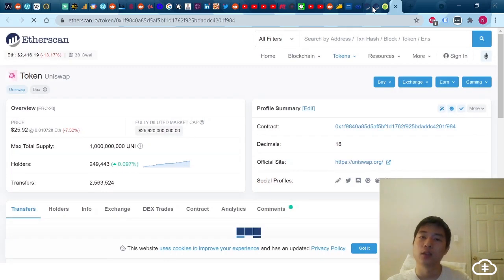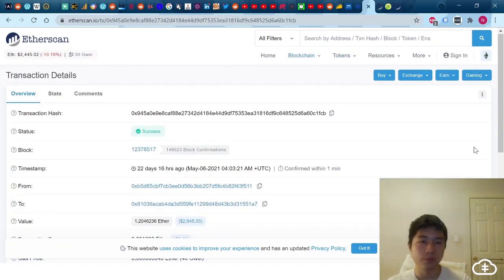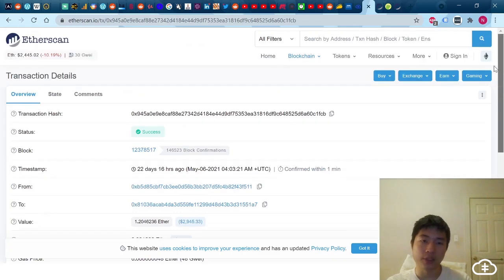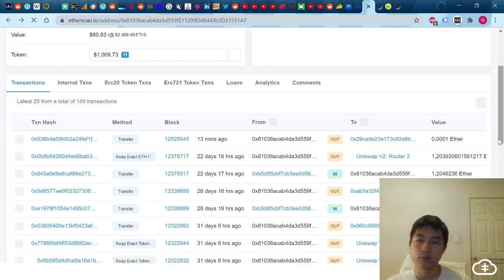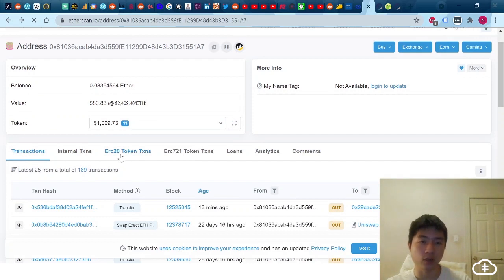Once you see that this is the official Uniswap address, just make sure when people are sending you money, for example, if I were to send an ERC20 token transaction, an Ethereum token transaction, right here I will click the ERC20 token transactions.